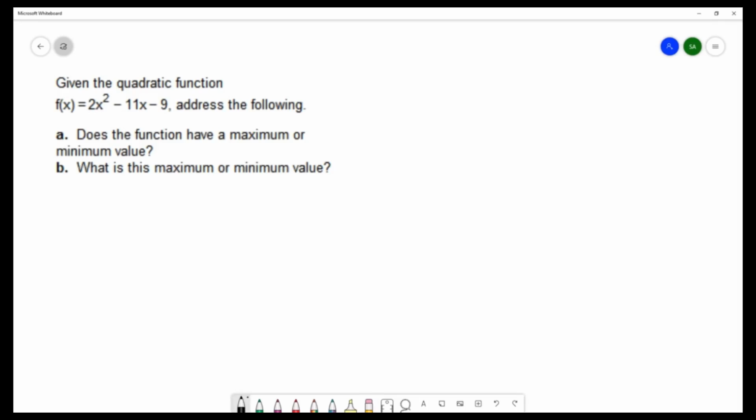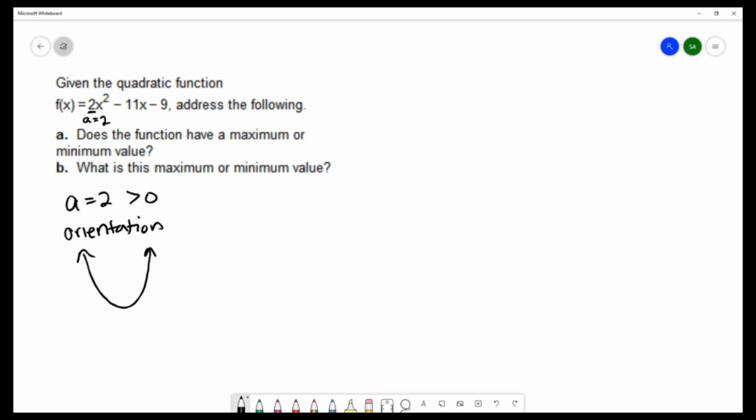So looking at this quadratic function, the value of a is always attached to the squared term. So our a is equal to 2, and that is a positive value greater than 0. And because of that, the orientation of the parabola is going to be up.